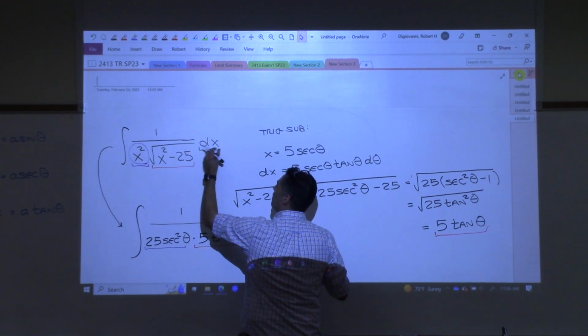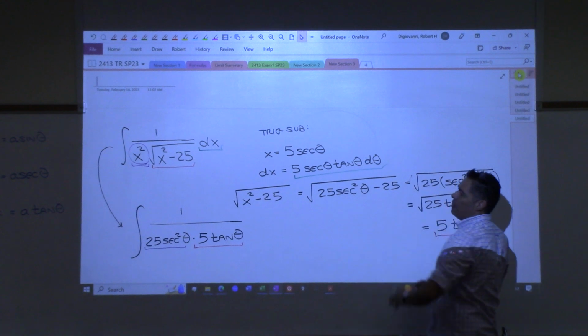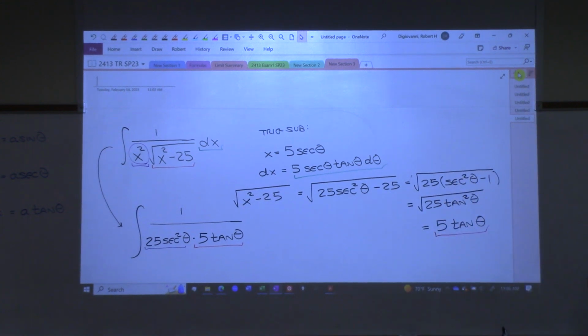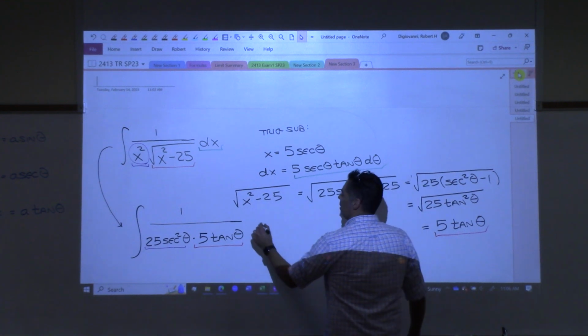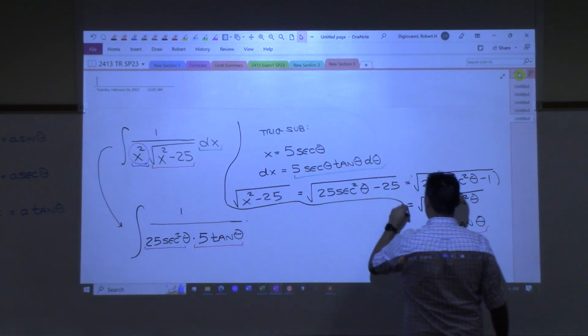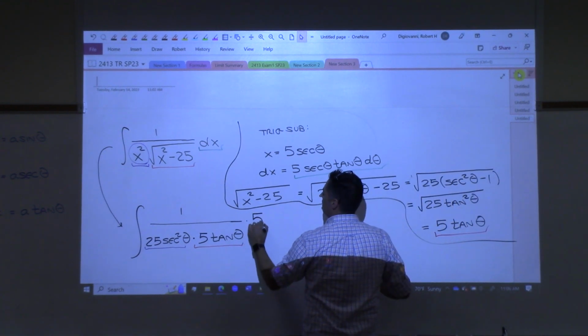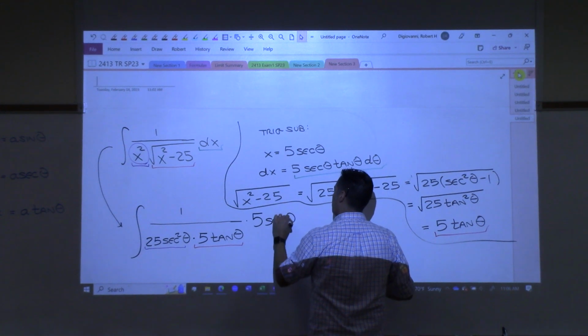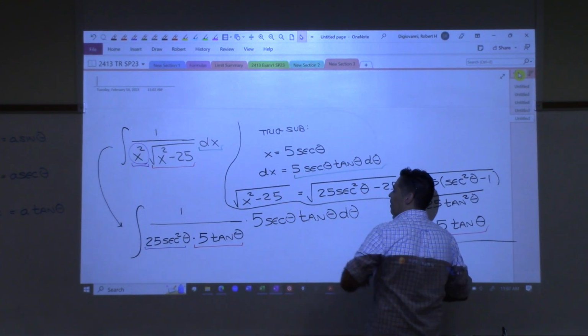I have to replace dx with that whole thing. Everything gets replaced. I'm going to squeeze that in here. Just make sure you understand this is separate. So when I squeeze that in there, I get 5 secant theta tangent theta d theta.